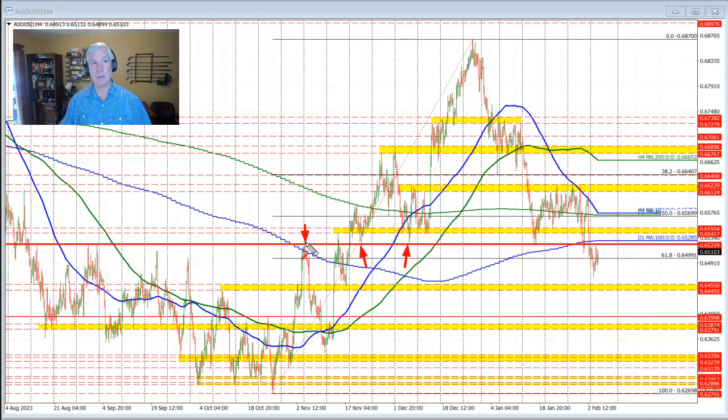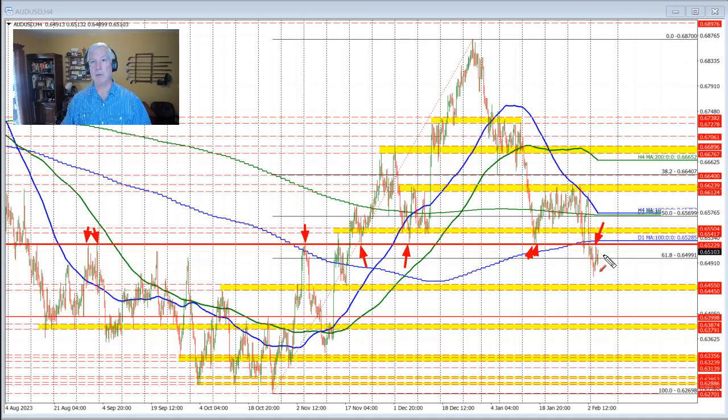There was a swing high going back here, and also swing highs going back to way back here. So there's a number of different times that the price has found something to cause it to either move to the upside or move to the downside at the 0.65229 level. And as you can see in trading today, the price moved up toward that level, found early sellers against that level and pushed back to the downside.